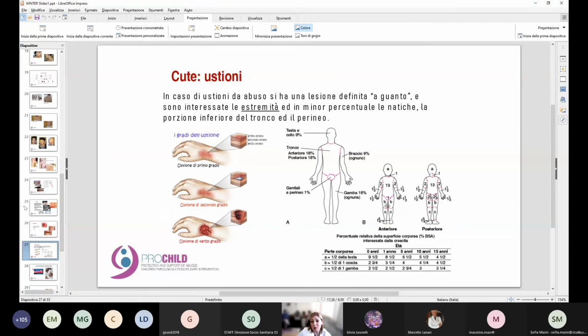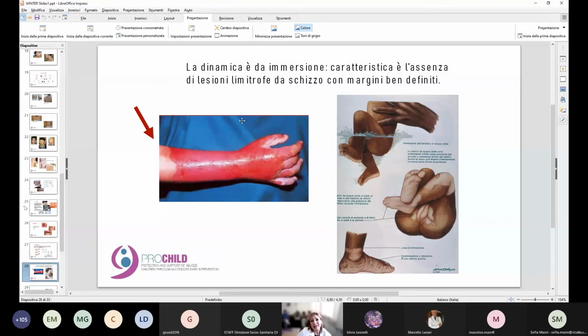But in the child, they can be very important, because the proportions of the body are different. So they can have an important clinical picture.